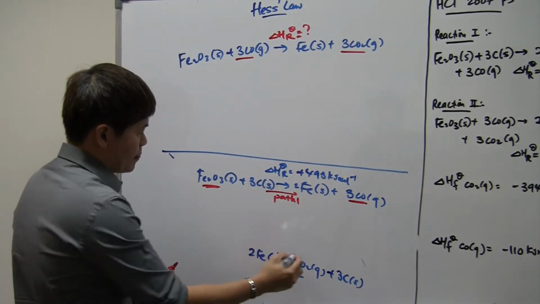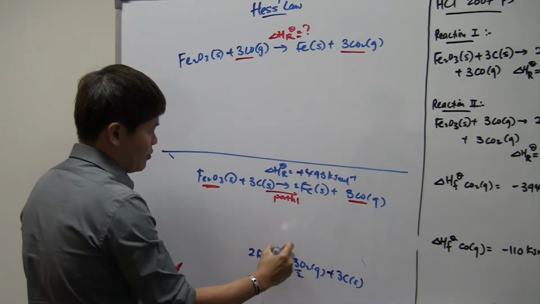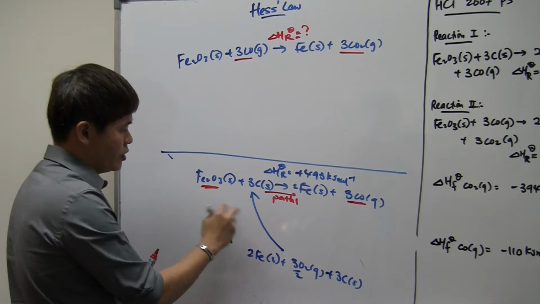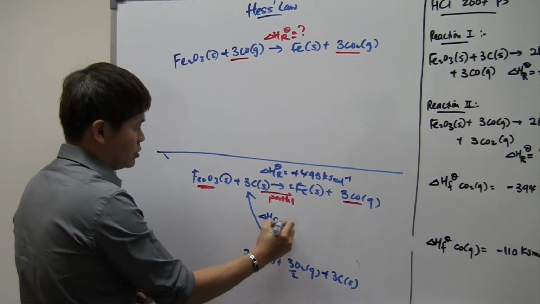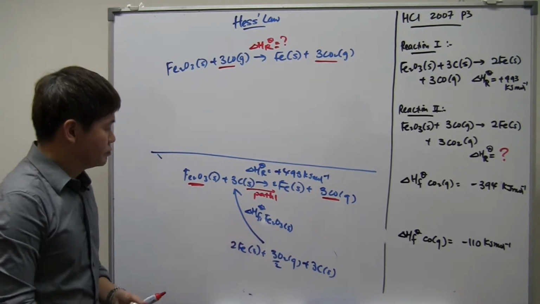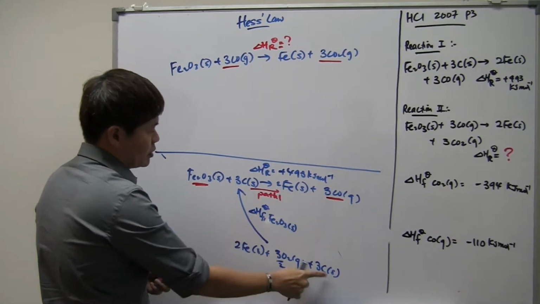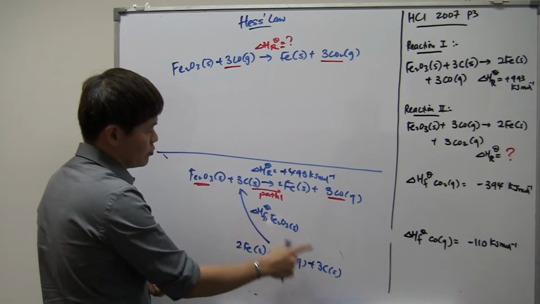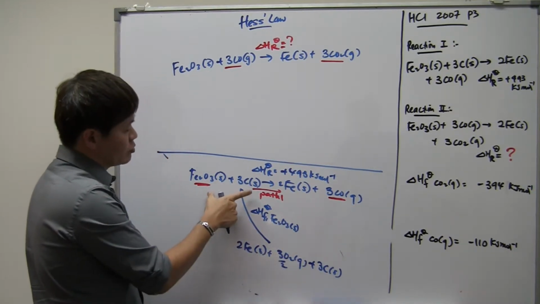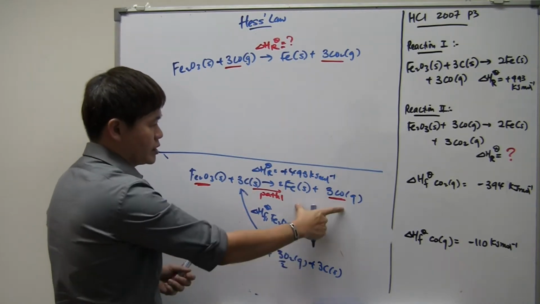So you do realize that for these elements to form the left-hand side, the only change is iron and oxygen from Fe2O3, and this is the enthalpy change of formation of Fe2O3, standard conditions. Alright, and for carbon to form this element, there's no change, so therefore the enthalpy change of formation is 0. Now these same elements to make the left side are the same elements to make the right-hand side.